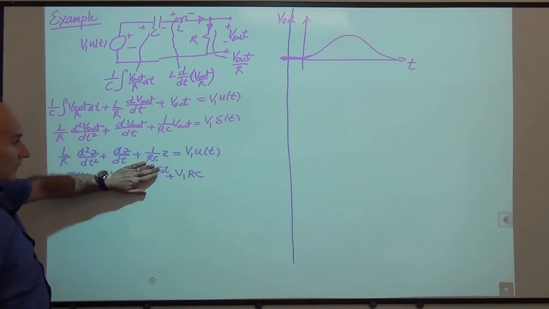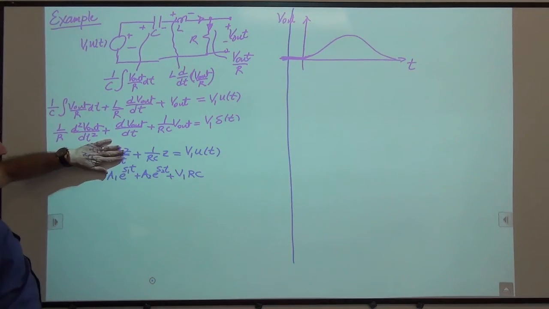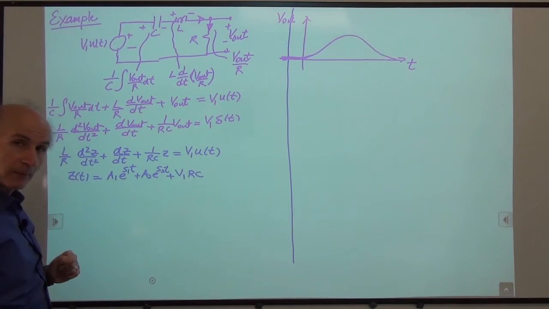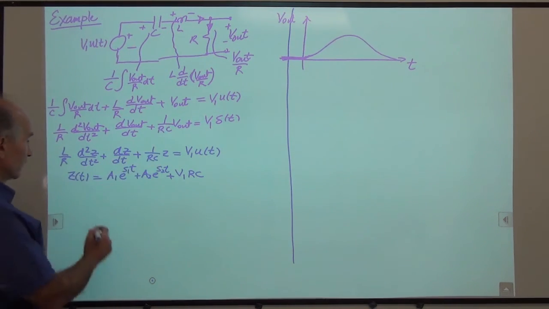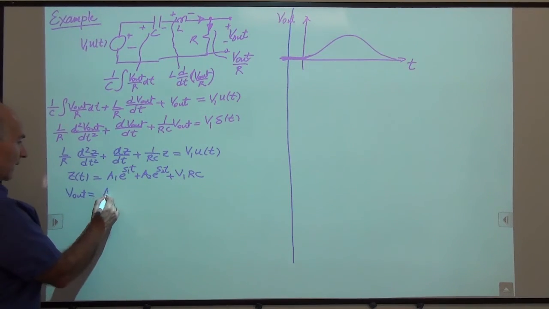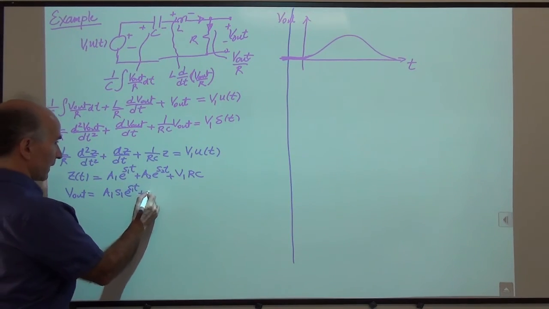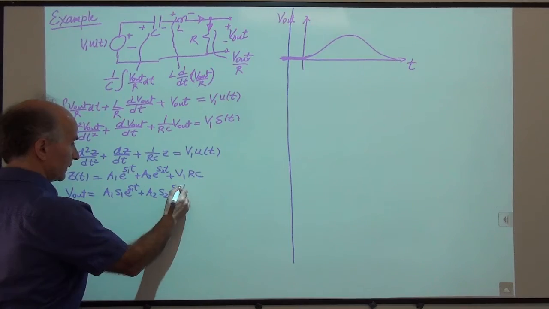At time infinity, these are 0, and z is equal to V1 times RC. Okay? And then we differentiate this to find V out. So V out is equal to A1 S1 e to the S1t plus A2 S2 e to the S2t.